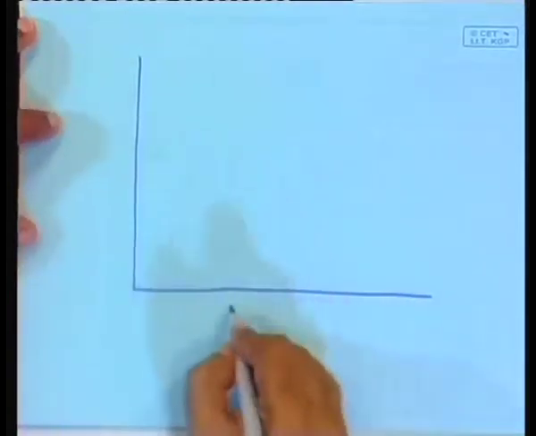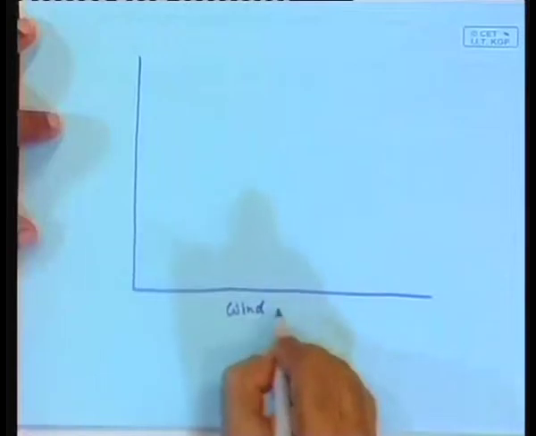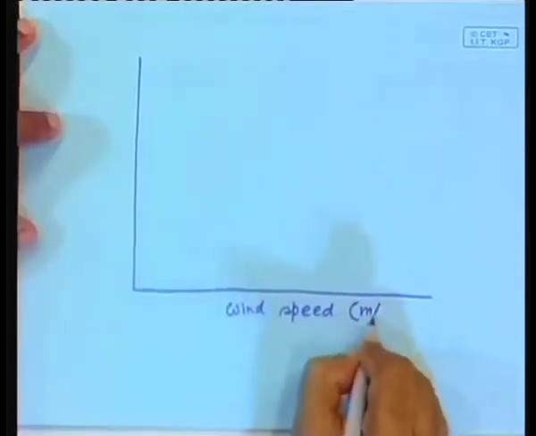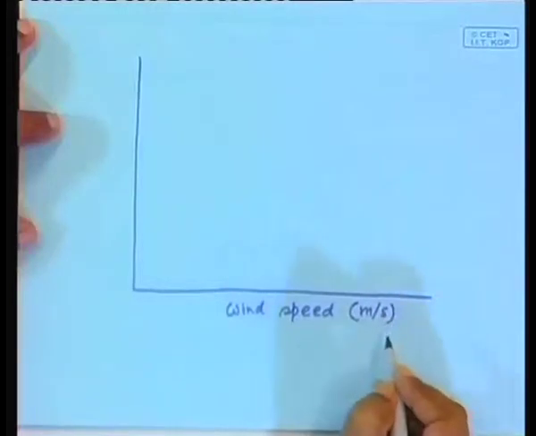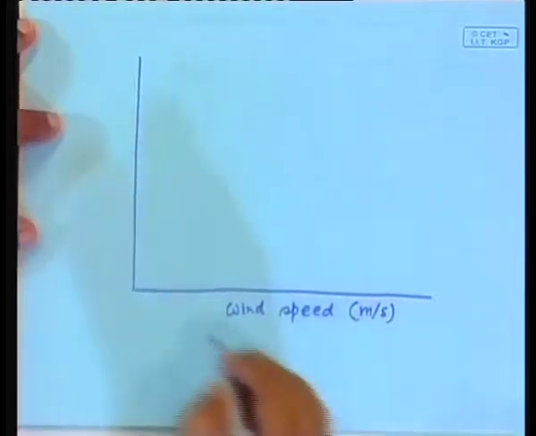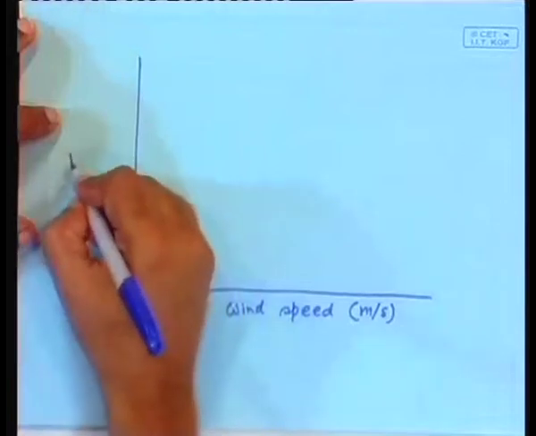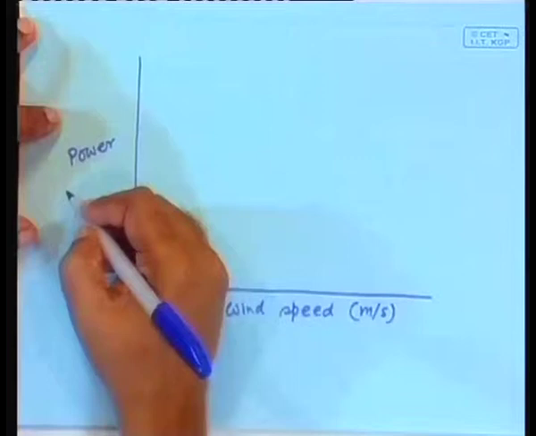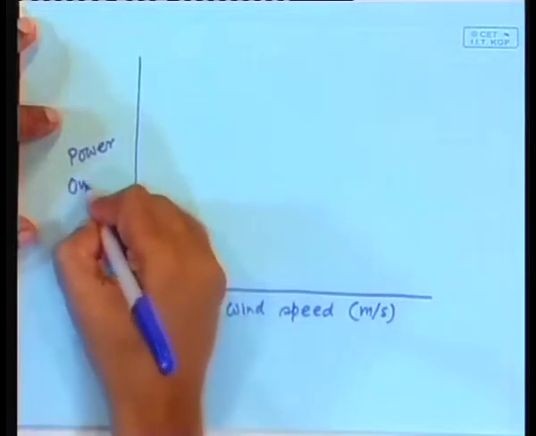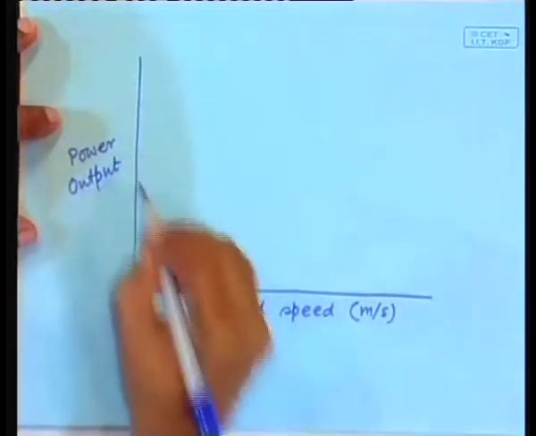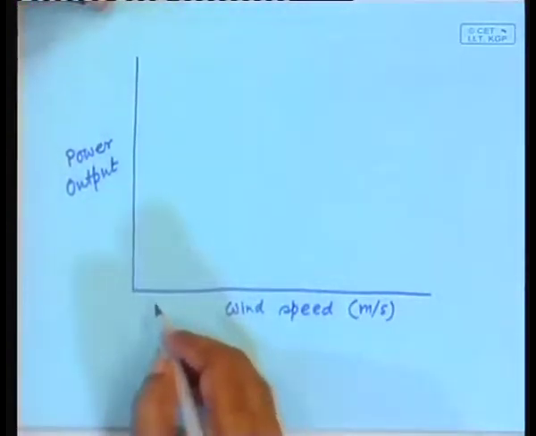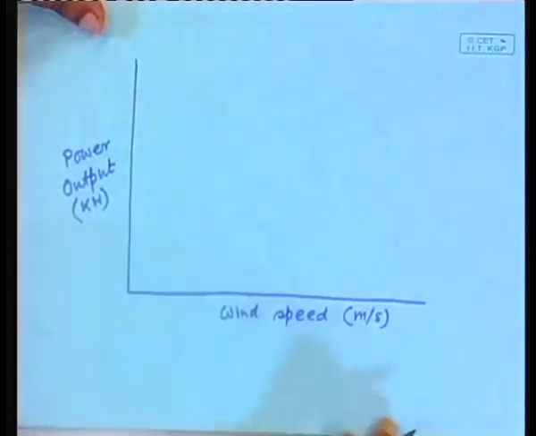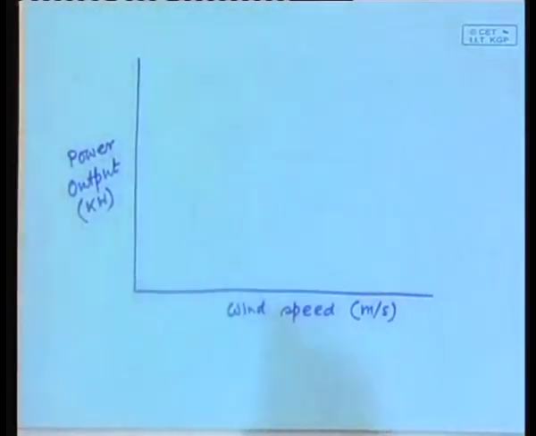In this case, it will be wind speed in meters per second on the x axis, and on the y axis it will be the power output, say in kilowatts or megawatts or something like that. Now, what will the curve look like?